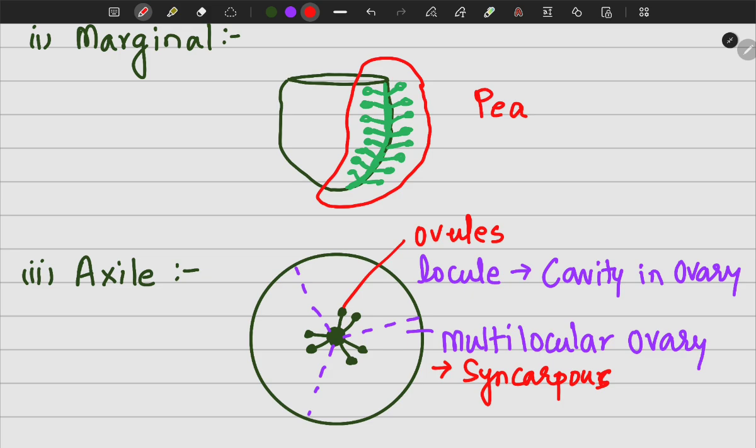So the examples of axile placentation are China rose, tomato, and lemon. I hope this is clear.